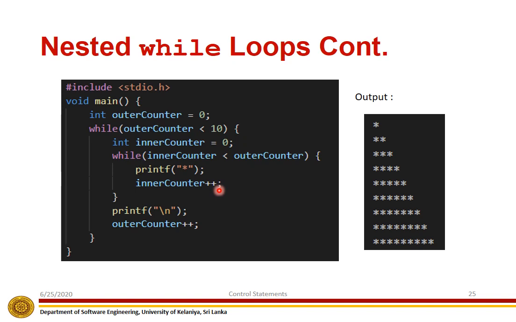So now inner count is 1, and that inner while loop is done, then it goes to the outer while loop statements, goes to the new line, and the outer counter value is increased by 1, so now this is 2, and 2 is less than 10. Again inner count is 0, so 0 is less than 2, it will print 2 stars and again go to a new line. Like that this also continues until 9 stars are printed.